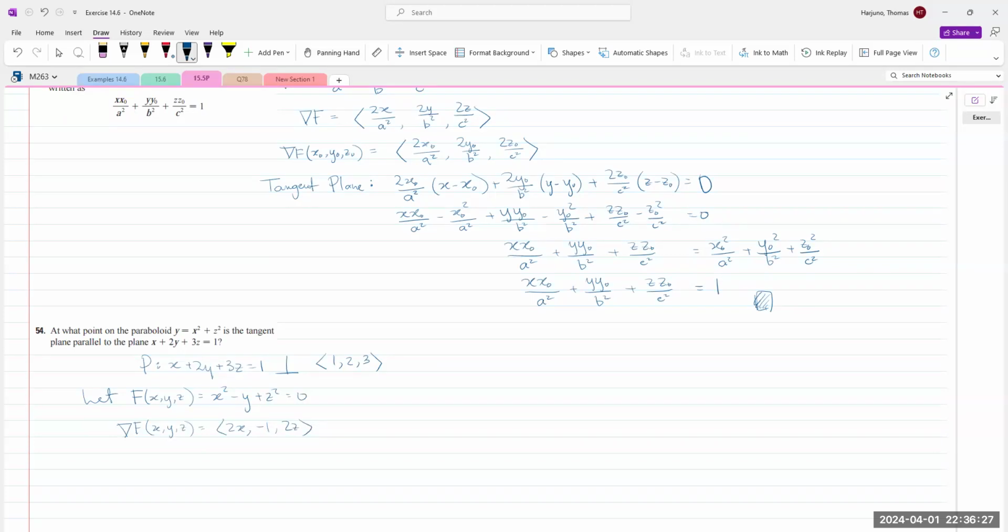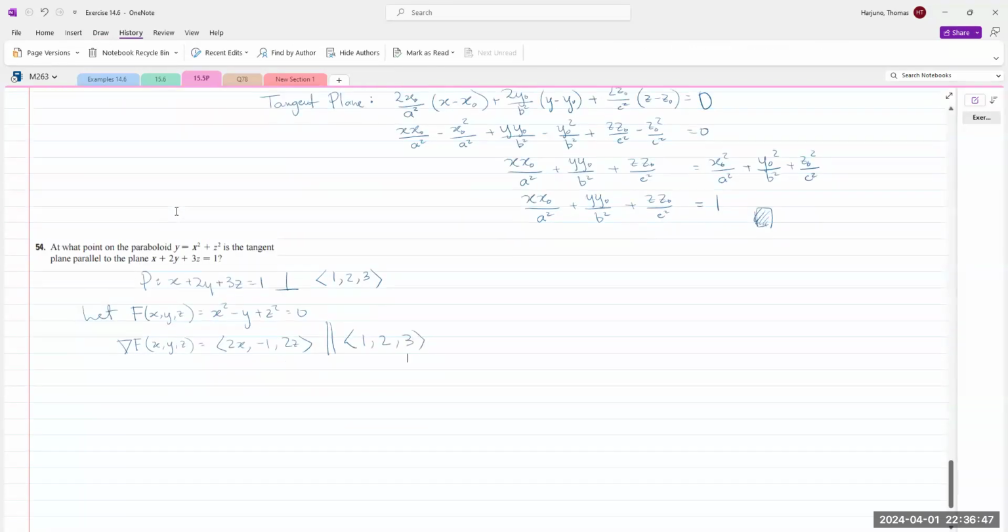If the tangent plane is parallel to that plane P, then the normal vector, this one, must be parallel to 1, 2, 3 also, right? In other words, there must be a constant k such that (2x, negative 1, 2z) equals a constant multiple of (1, 2, 3).